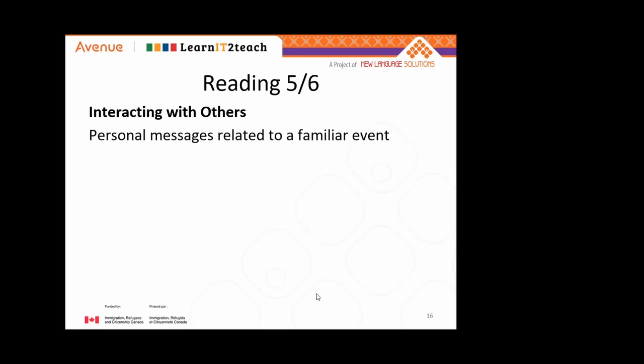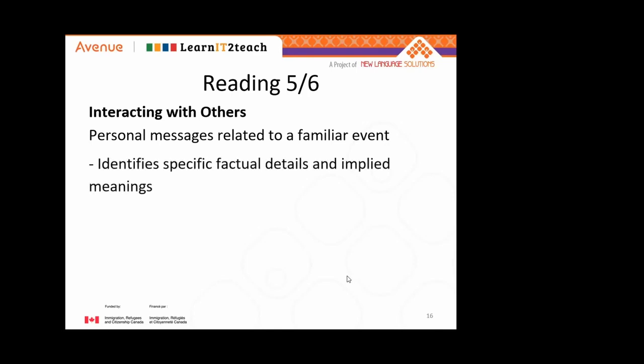So personal messages related to a familiar event at CLB 5, simple, at CLB 6, moderately complex, which is receiving an invitation. Then identify specific factual details and implied meanings, understanding what the event is about, and identifies the purpose of the message, understanding if the message is just to inform or if there's anything expected of the reader.